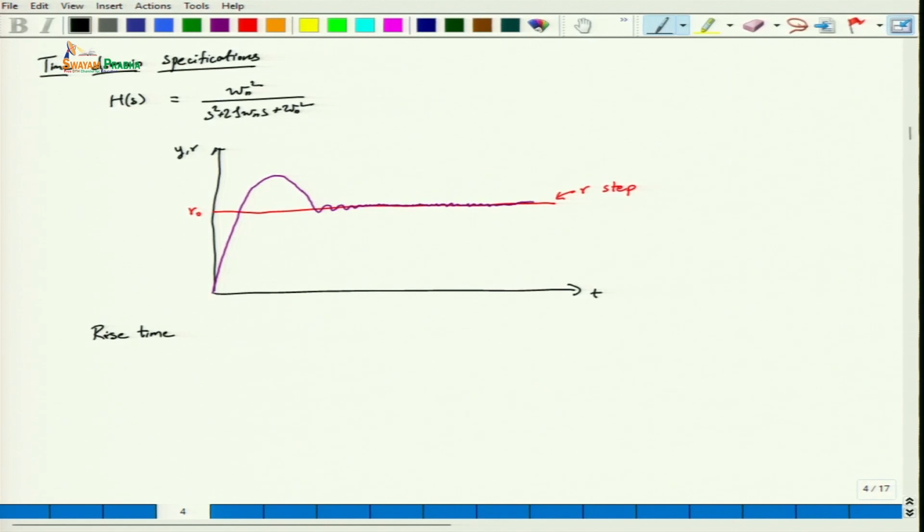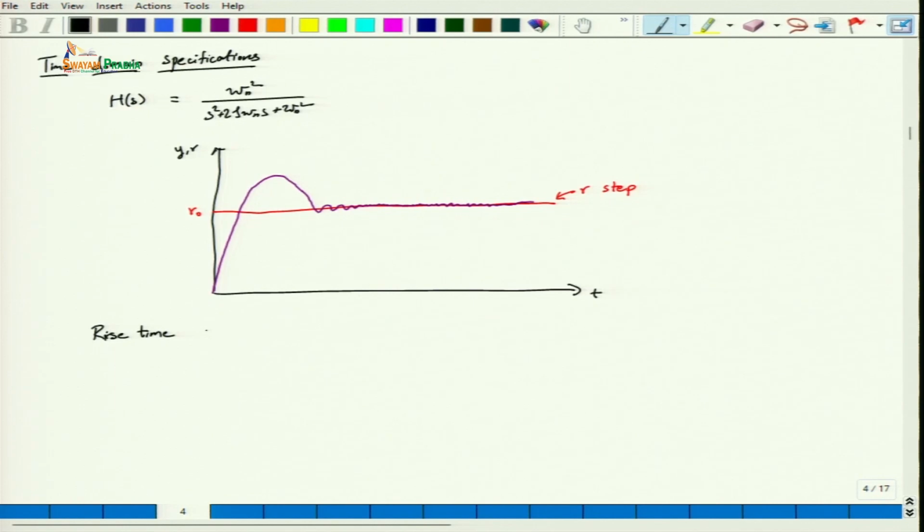So, this is used to characterize the time required by the system to reach within the vicinity of this set point R naught.